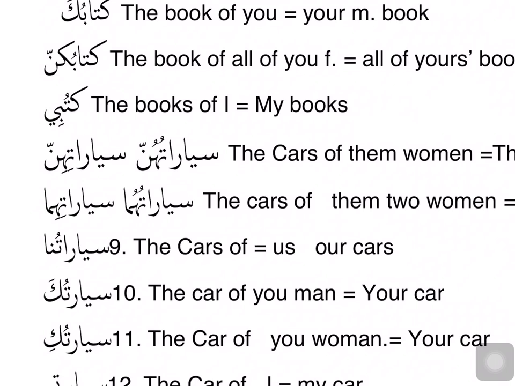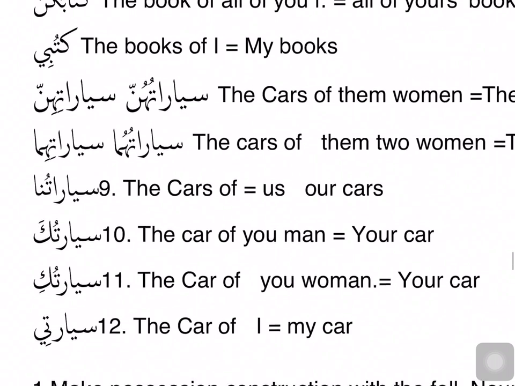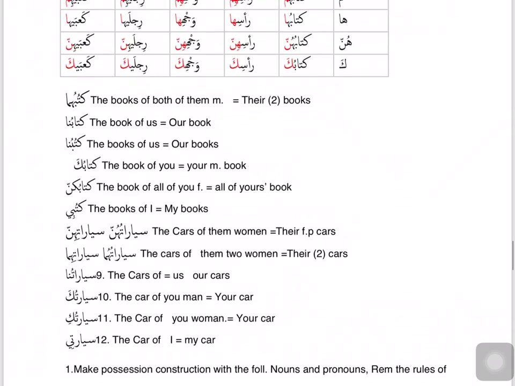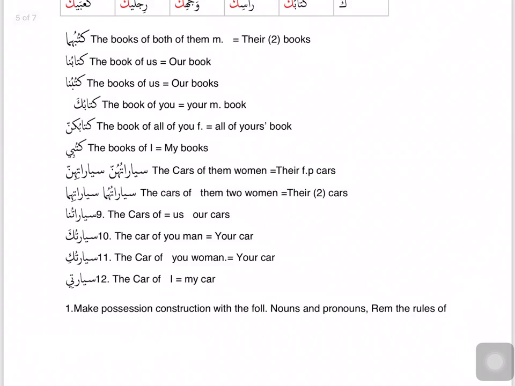Sayyaratuhuma, both of them, their cars, the cars of them too. Sayyaratuna, our cars. Sayyaratuka, your car. Sayyaratuki, your car, you girl, your car. Sayyarati, my car. Now, that's the broad understanding about idafa where the mudaf ilayh is a pronoun.